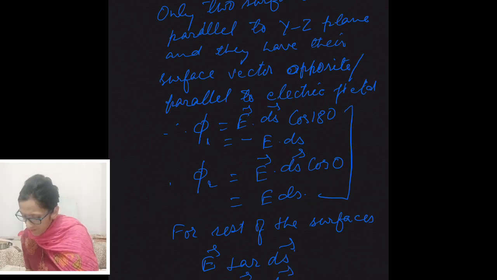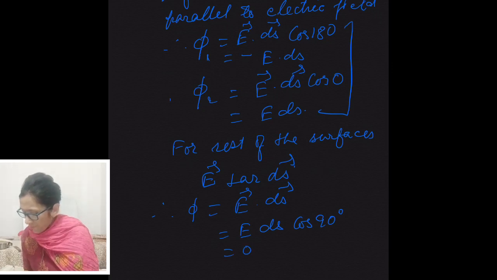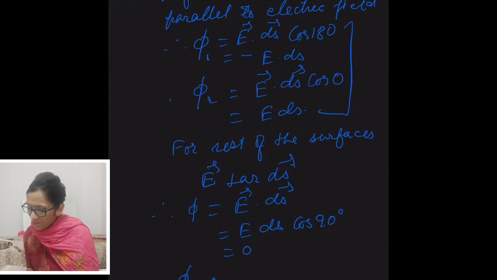Therefore, phi, which is equal to E dot ds, becomes E ds cos 90 degree, and this becomes equal to 0.